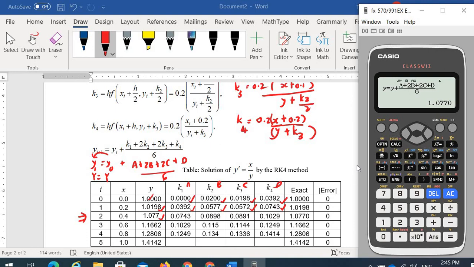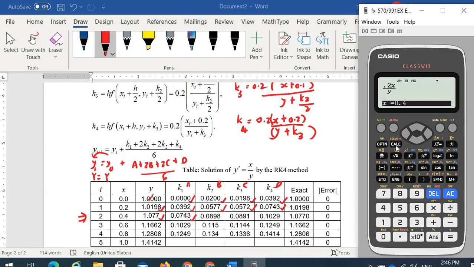So let's show one more row here. Now at I equal to 2, Y2, we are going to calculate K1. For K1, the X value is there, 0.4. Go down. The Y value is here, it's kept in Y already. So you will just equal, and you will get 0.0743.